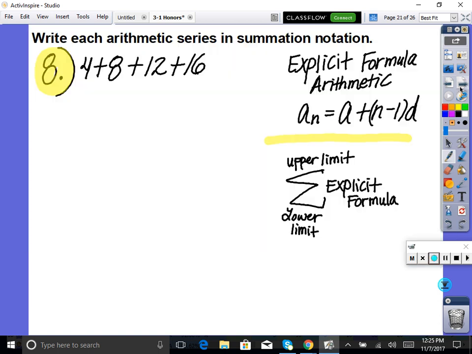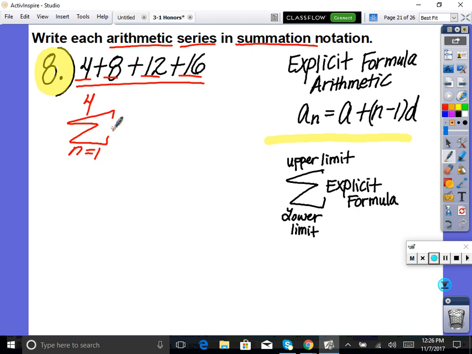Okay, awesome. Let's do this example, number 8. It says, instead of writing it out, write the arithmetic series in summation notation. So the sum sign is taking care of those addition signs. The sum means addition sign. And then how many terms are we summing up? 1, 2, 3, 4. Now we're going to say from 1 to 4. Everybody see?